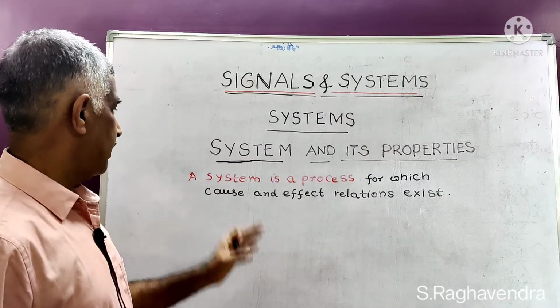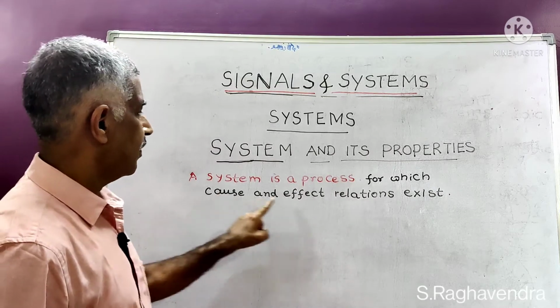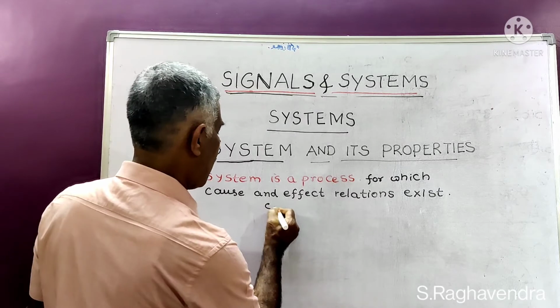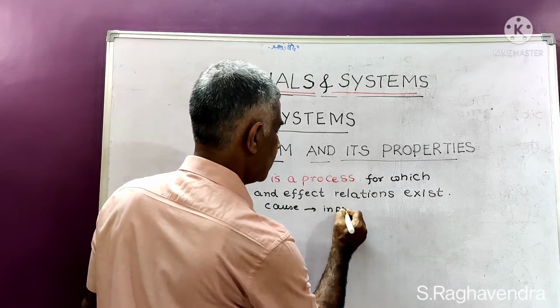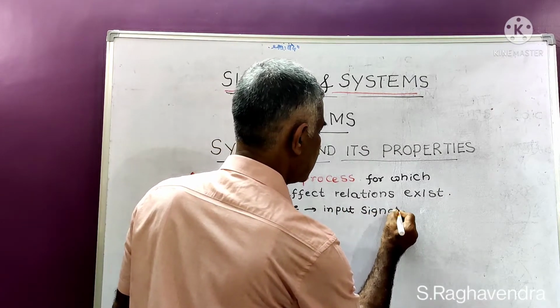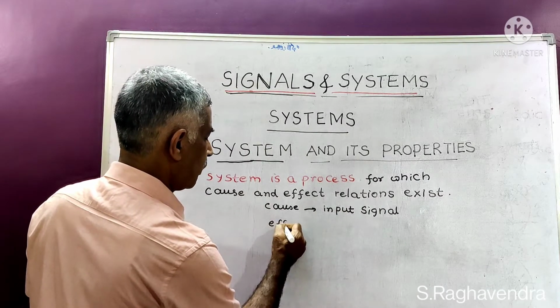So to define a system, I require what is cause, what is effect. Cause means input. Cause stands for input signal. And effect is output.